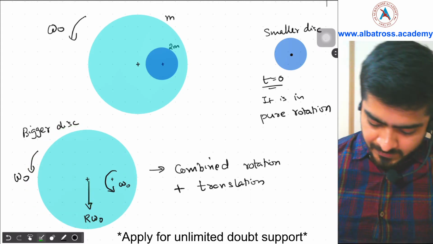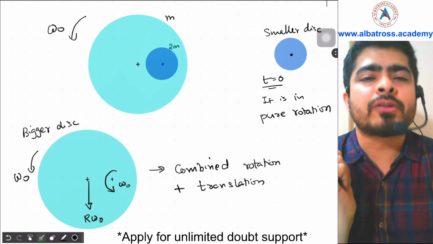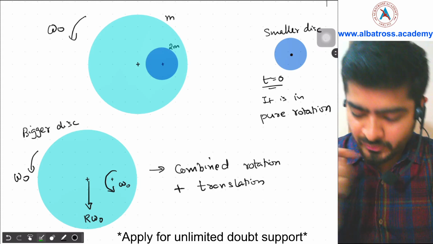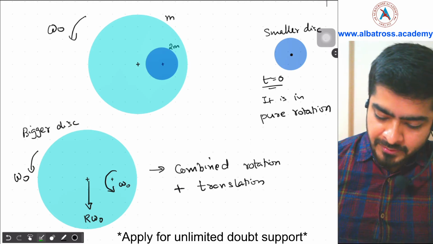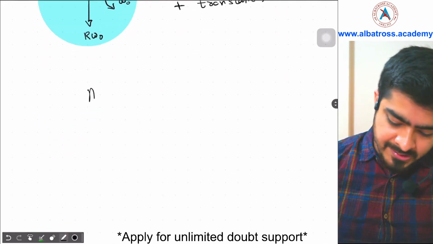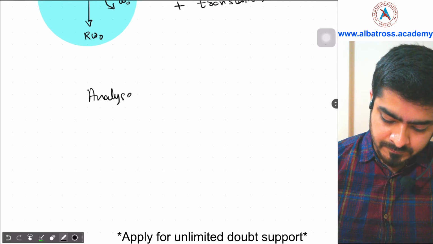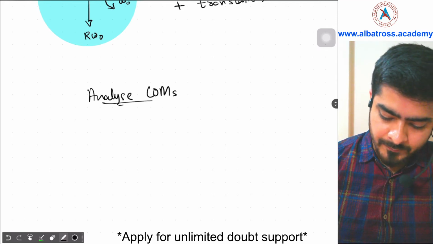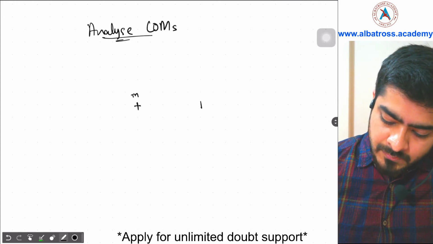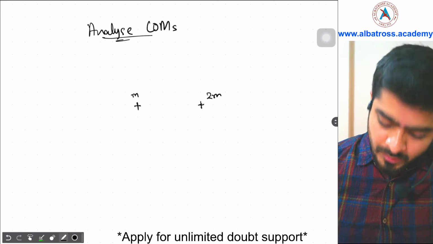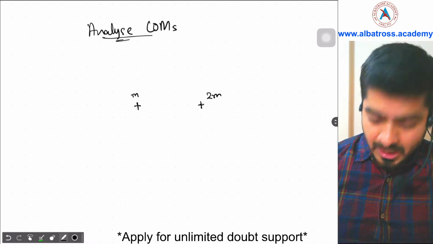Now let us first analyze the total center of mass of the system and the center of mass of the individual disks. For the bigger disk, we have its mass equal to m, and for the smaller disk its mass is equal to 2m, and the distance between them is r.